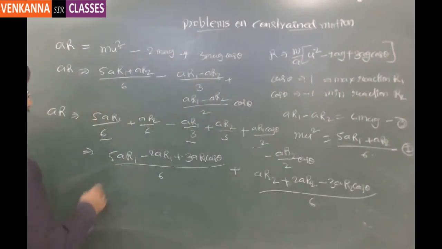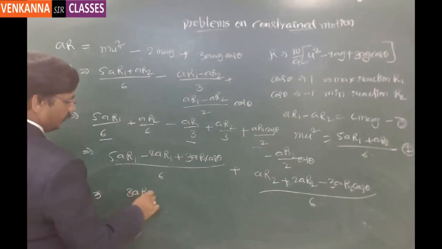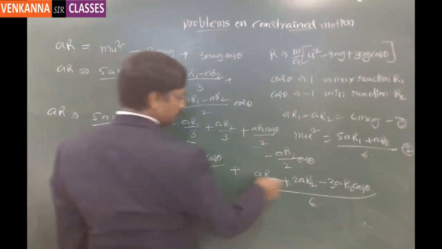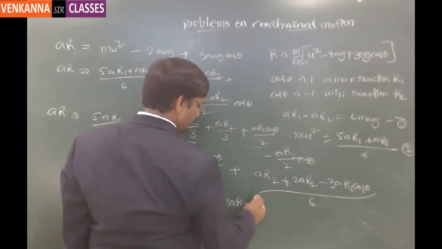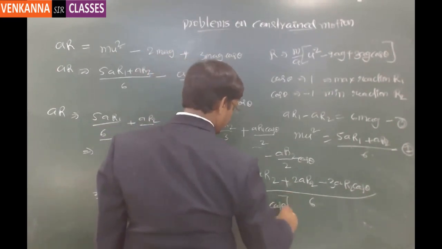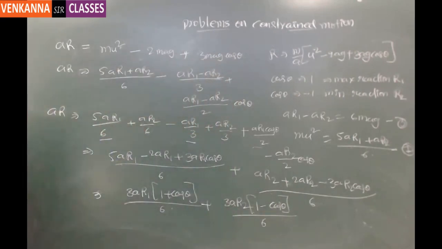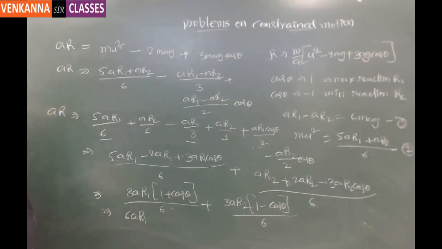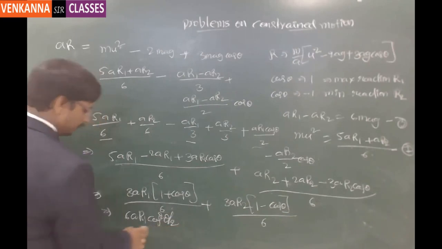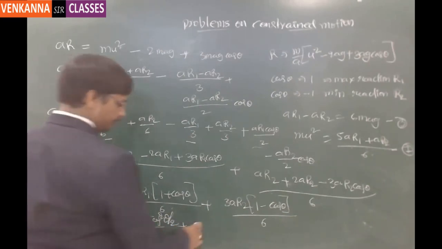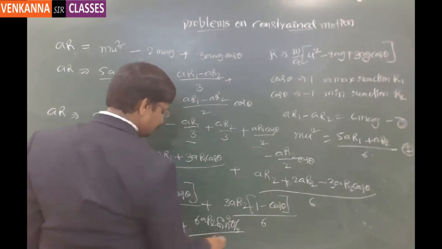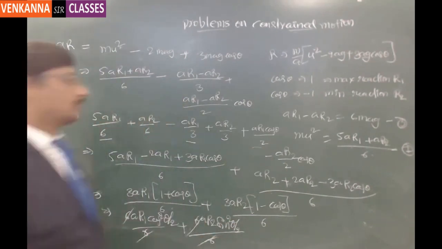This simplifies to 3aR1 into (1 plus cos theta) by 6, plus 3aR2, if you take out (1 minus cos theta) by 6. Now 1 plus cos theta is 2 cos square theta by 2, so this can be written as 6aR1 cos square theta by 2 by 6, plus 6aR2 sin square theta by 2 divided by 6. The 6 will cancel, and finally what we are left with is the answer.